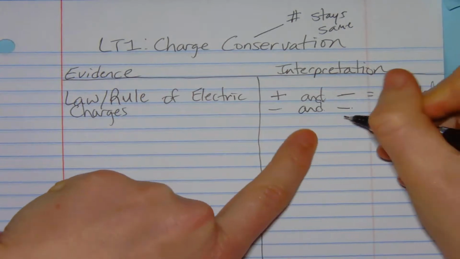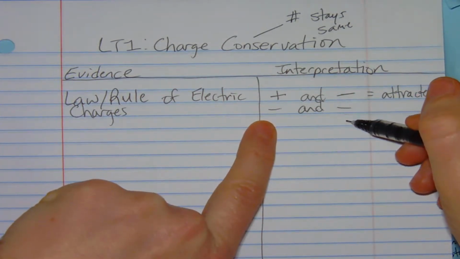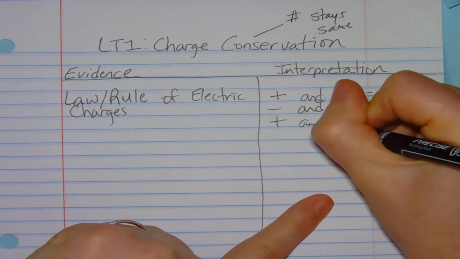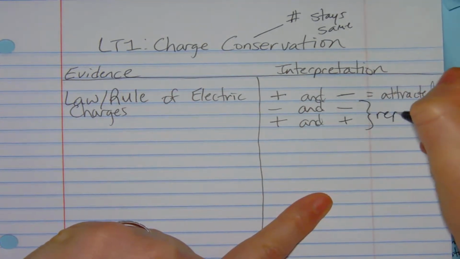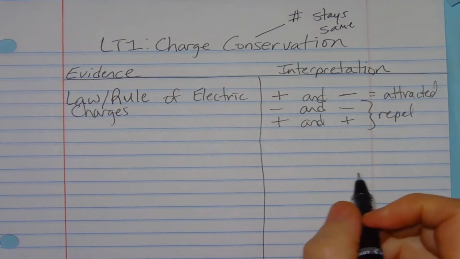If you have two of the same charges, like two negatively charged objects or two electrons, they would not attract. Same as if you have two protons or two positively charged objects. These would repel. They would push away from each other. That's what this law says: opposite charges attract, and like charges repel.